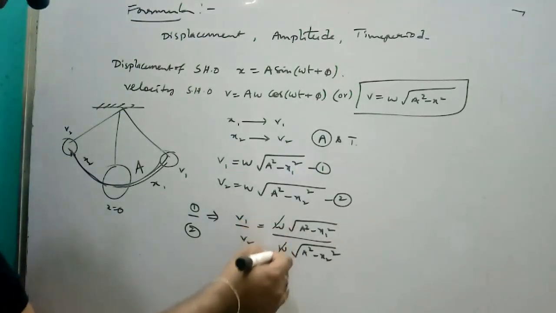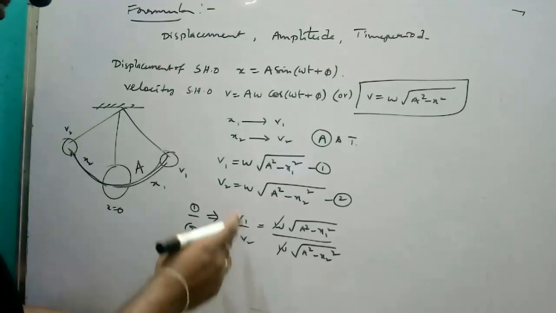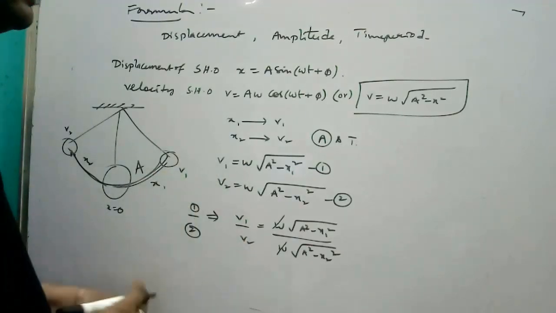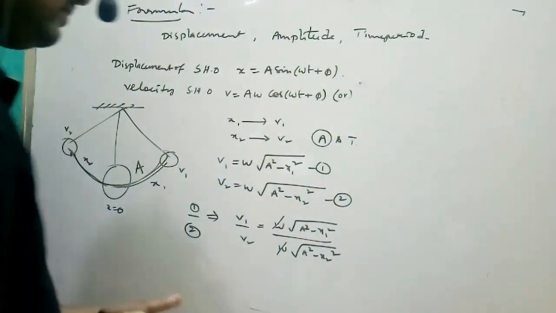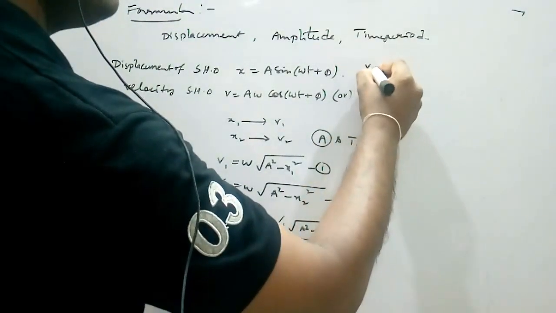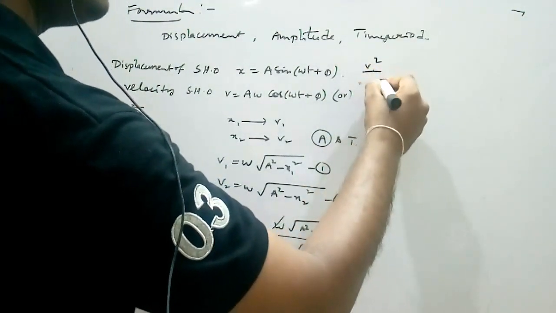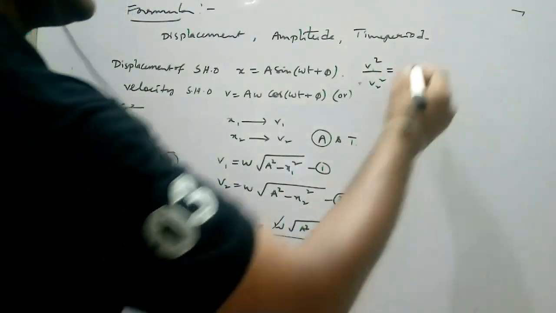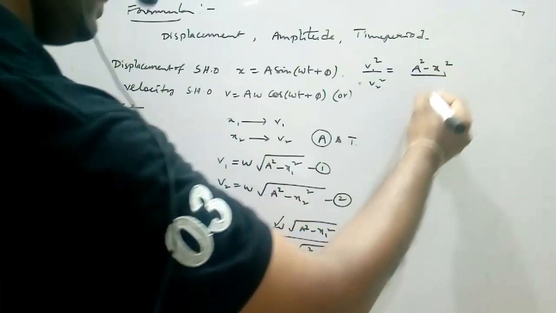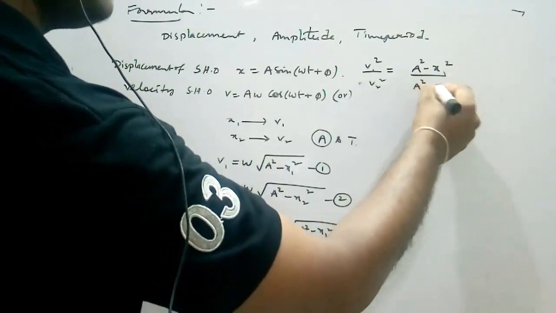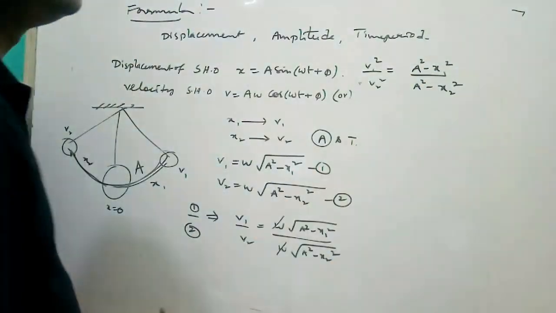Here omega gets cancelled. Then squaring on both sides, we are getting v1 square by v2 square equal to a square minus x1 square by a square minus x2 square.